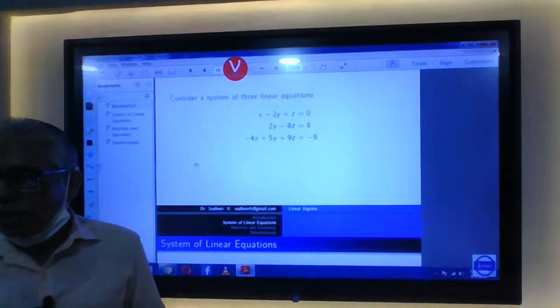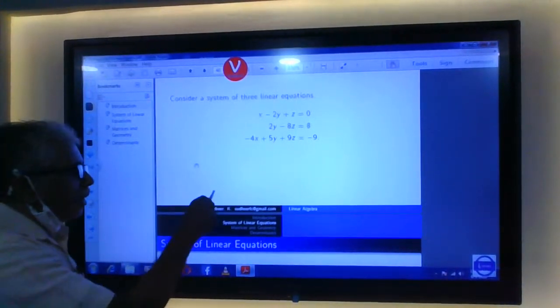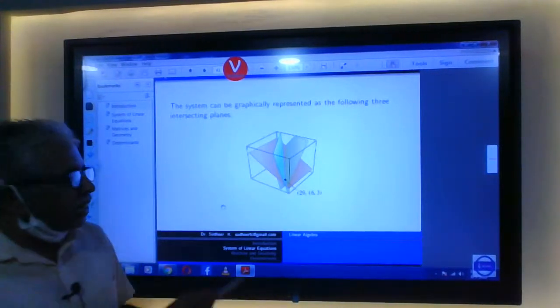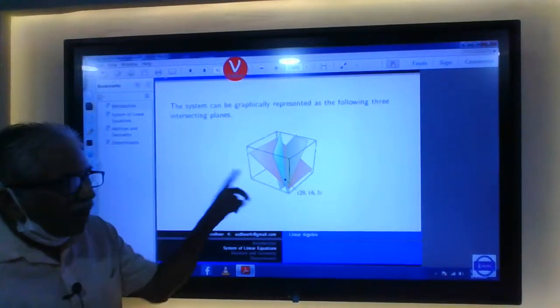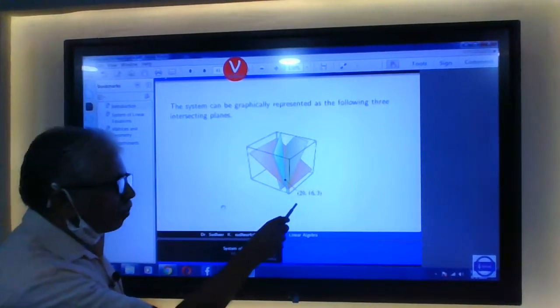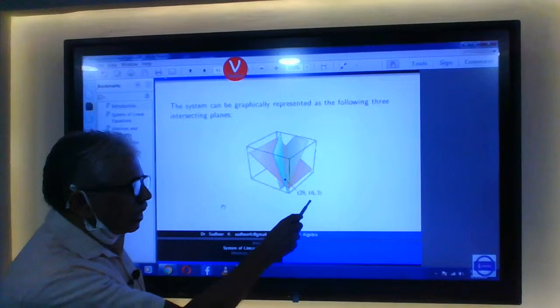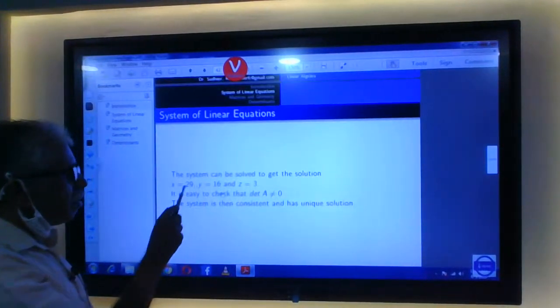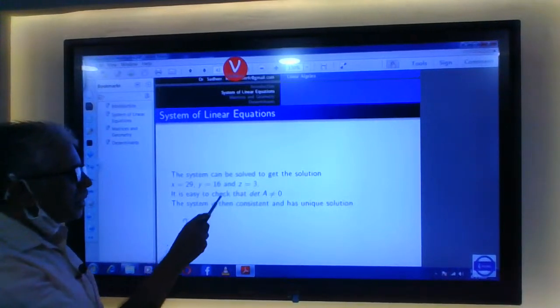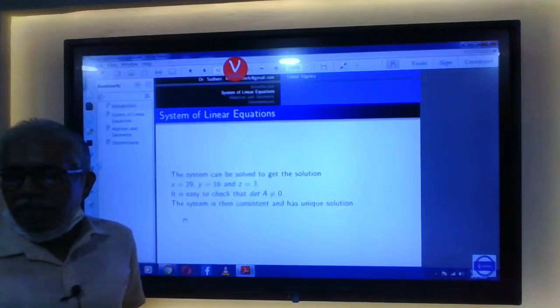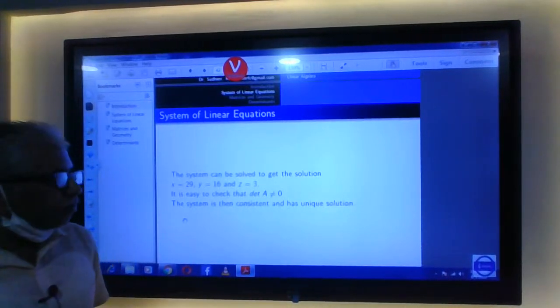These are three planes and they will be having one common point. That common point is x equal to 29, y equal to 16, z equal to 3, which will satisfy all the three equations.